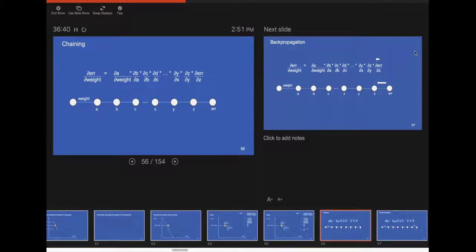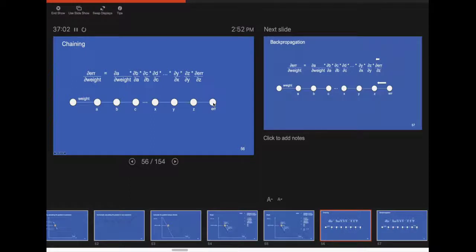So the first thing we will exploit is the chain rule in calculus. Everybody would recall the chain rule, but here is an example of, say, one path which goes from my input, which say is this neuron right here, all the way through different layers where I can calculate the error.